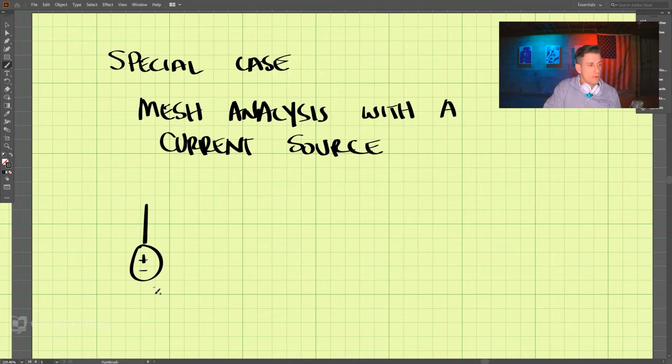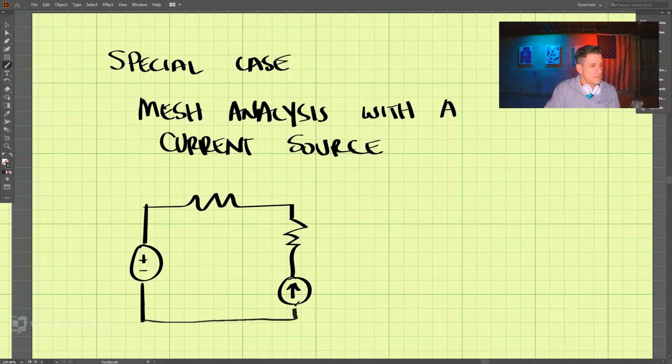We have a voltage source, a resistor, another resistor, and then a current source, a resistor, and a resistor.